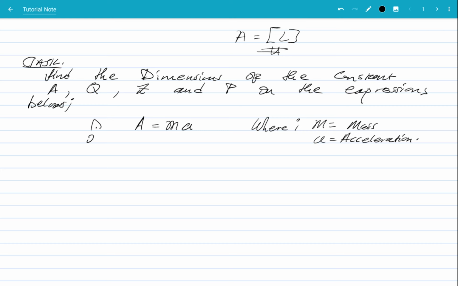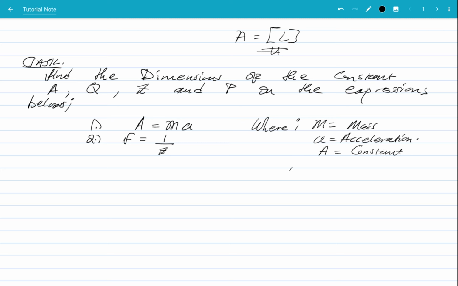Okay, so 2, you will have say this one, one over Z. So here the capital A was the constant.